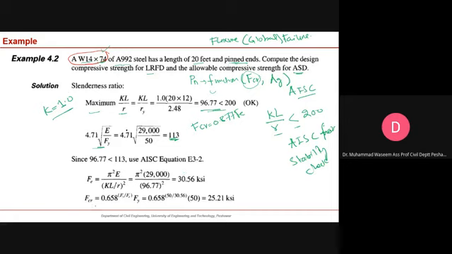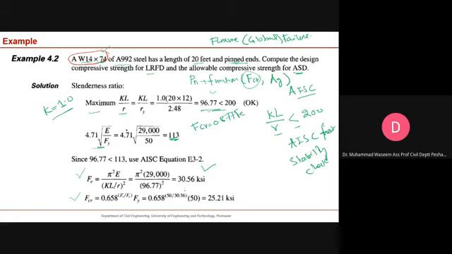And in order to estimate the critical stresses in the inelastic range, AISC suggests using this equation. In order to use this equation, we need a value of FE, and you can calculate the FE value with this formulation.